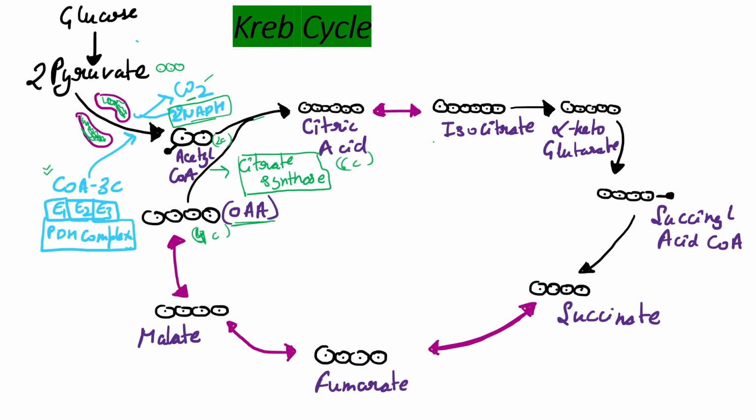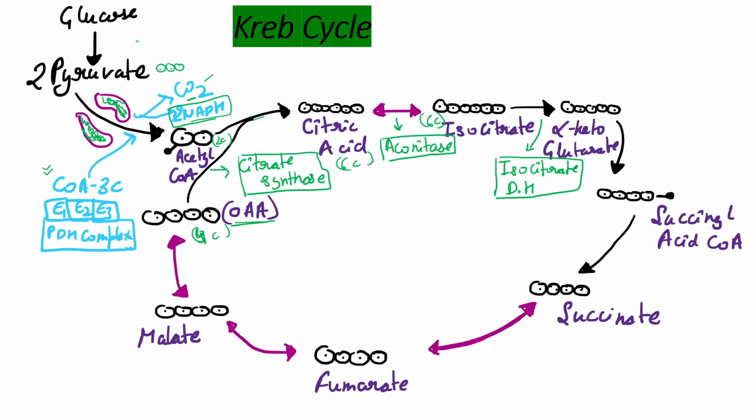Now the citric acid is converting into isocitrate, with the enzyme known as aconitase. Now isocitrate would convert into alpha ketoglutarate with the help of the enzyme isocitrate dehydrogenase. As you can see, till this isocitrate the carbon number hasn't changed, that is 6 carbon.